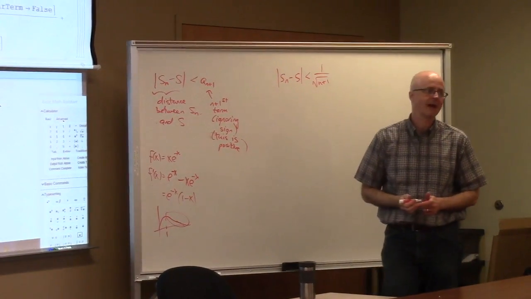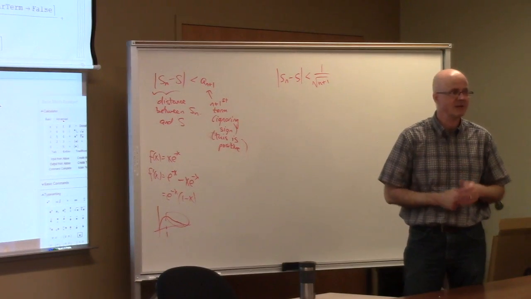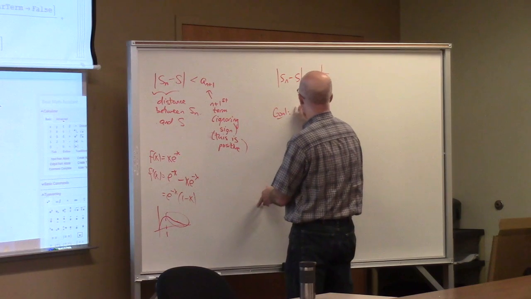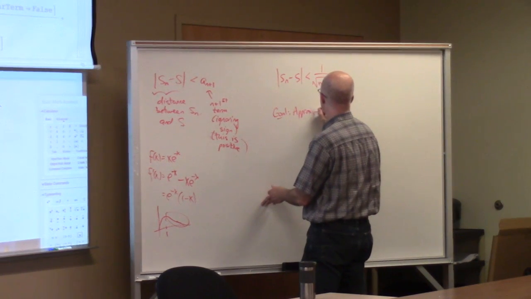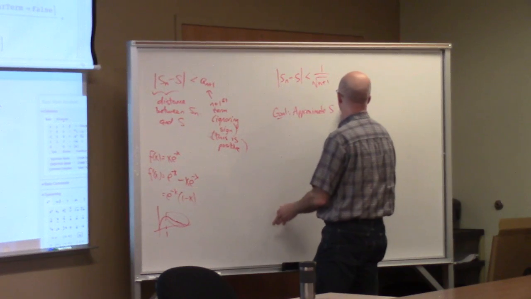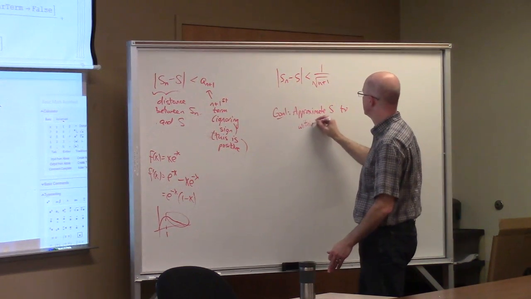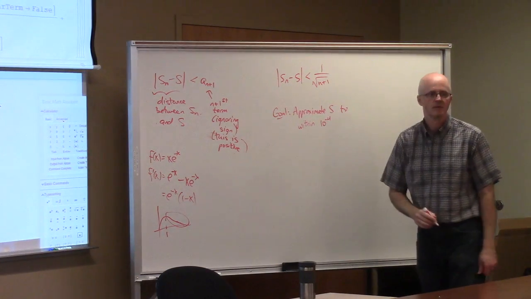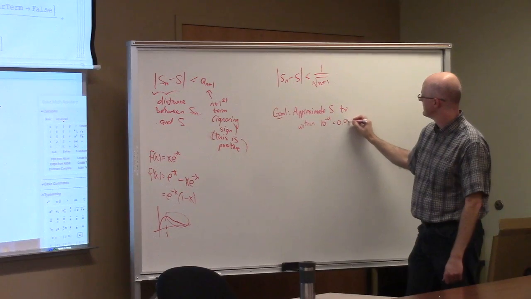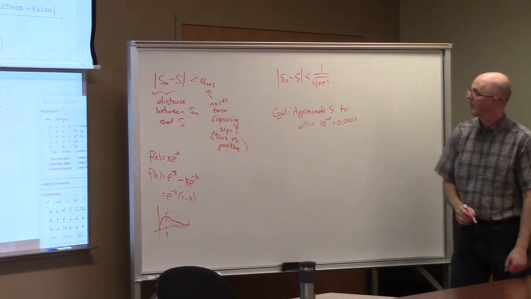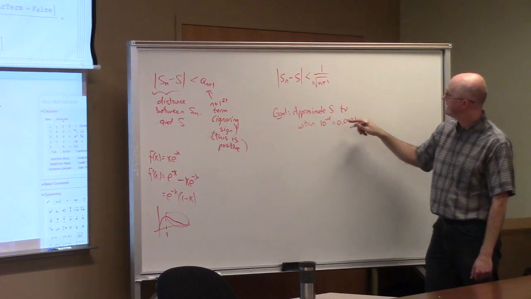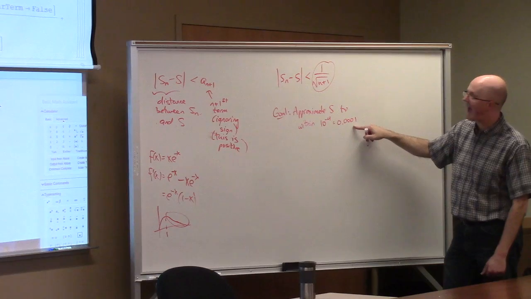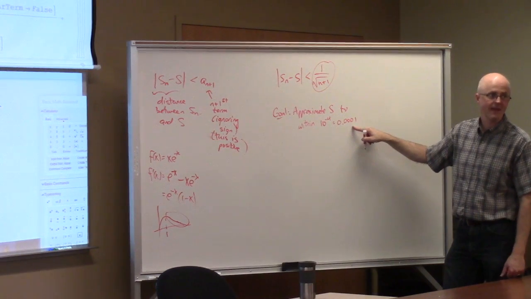If you wanted to approximate this series, its actual value, to within a certain amount, for example 10 to the negative 4, 0.0001, this inequality guarantees that if you set this expression equal to that or less than that, you can solve for an n that will work.